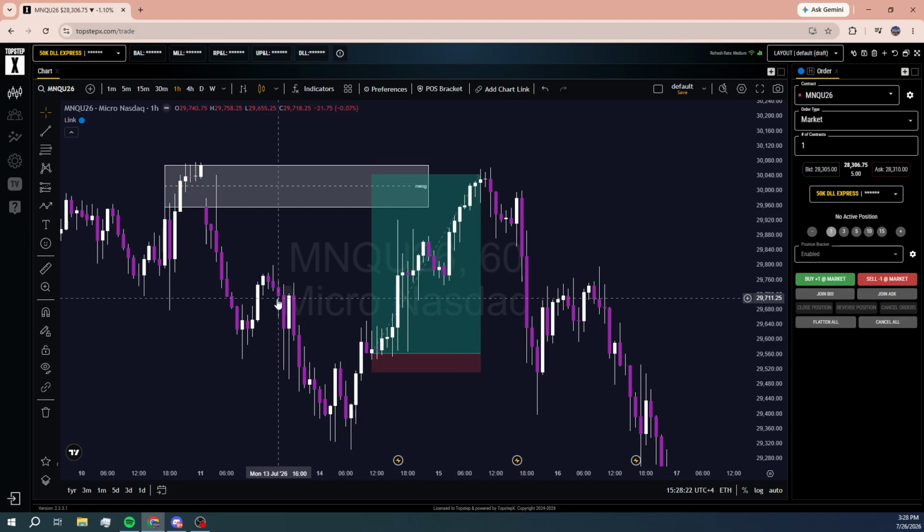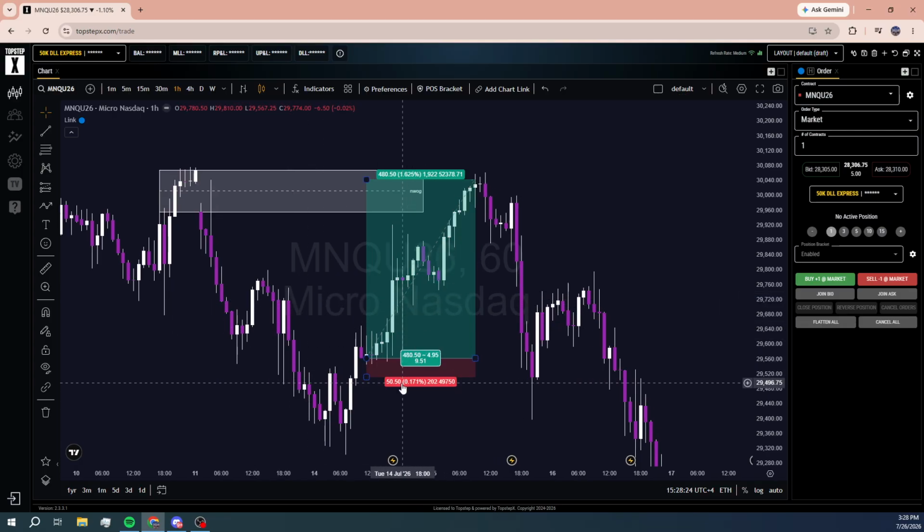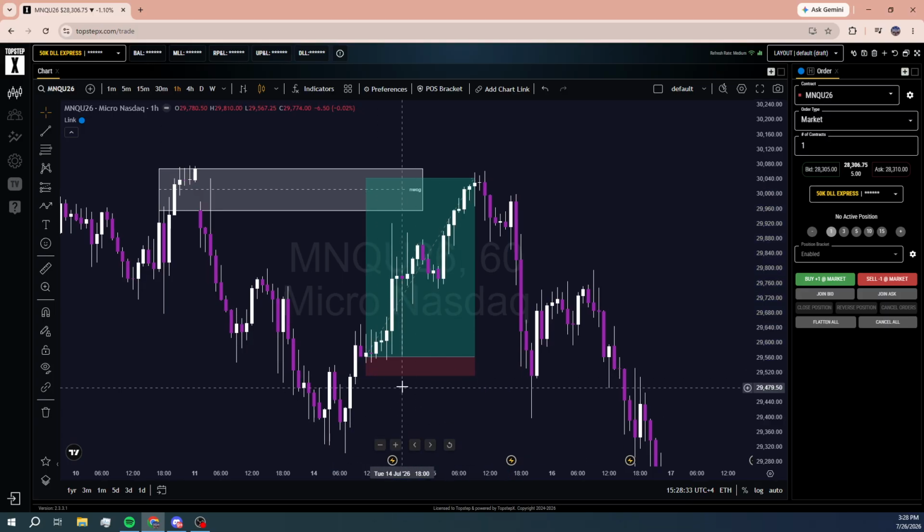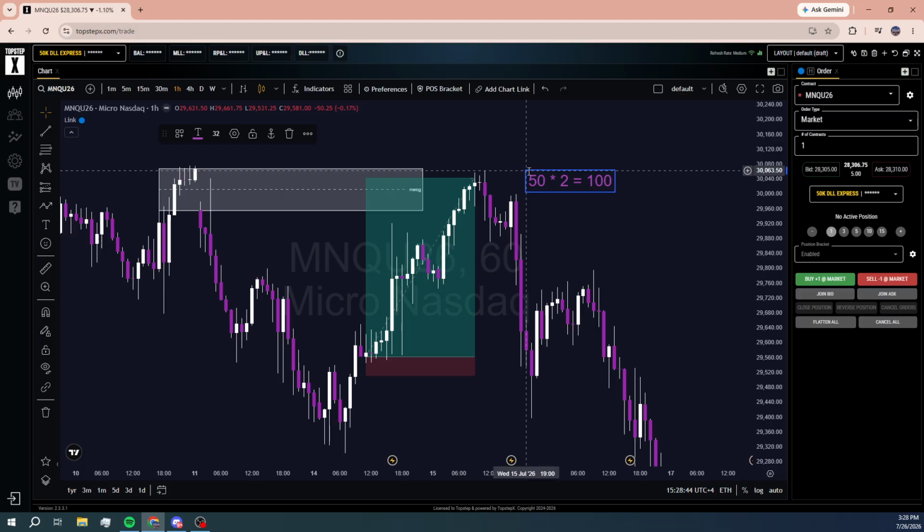Okay, now let's calculate. What is our stop loss size? Our stop loss size is 50. Let's say it's 50.50, but let's say it's 50. What did I say on NASDAQ? Your stop loss size should be multiplied by 2, which is $100.